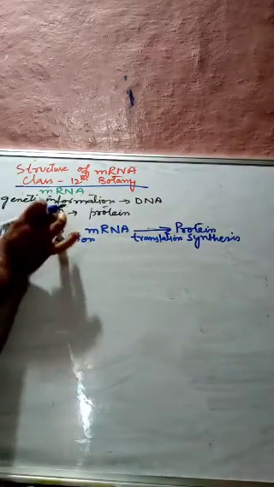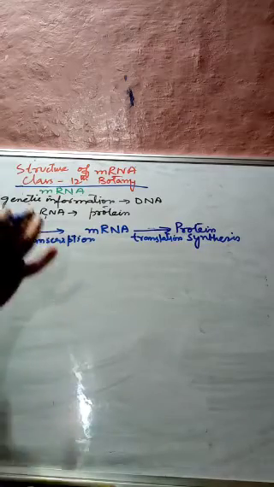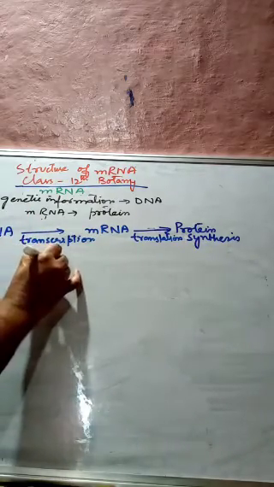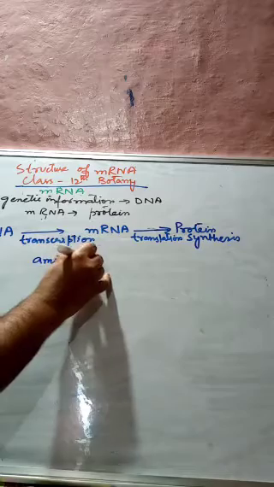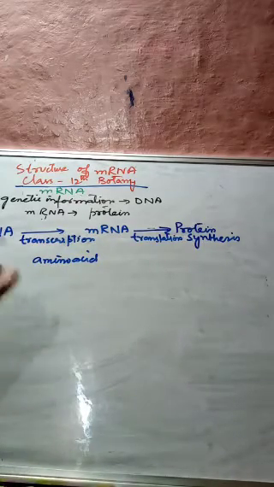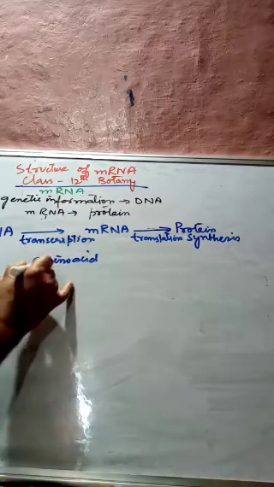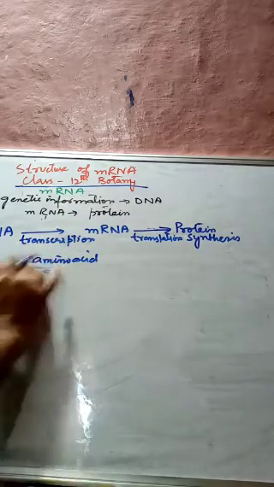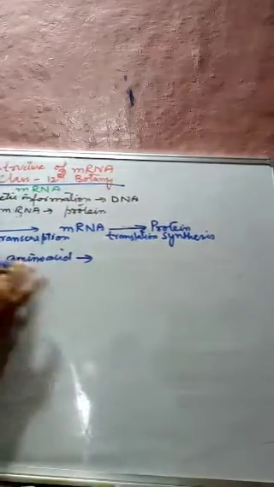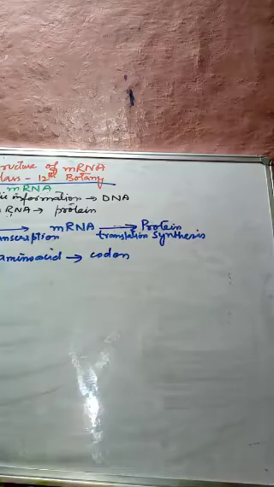Now this mRNA contains genetic information to code a particular amino acid, and that information is in the form of codons.